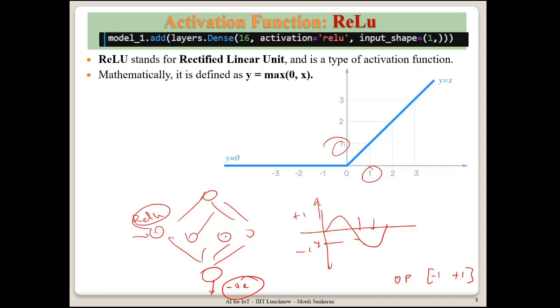All the nodes are operating on ReLU as an activation function. Whatever input I give, anyway input is 0 to 2 pi, which is nothing but some positive value only, not negative because we are only giving from 0 to something. So it is going to be a positive value.